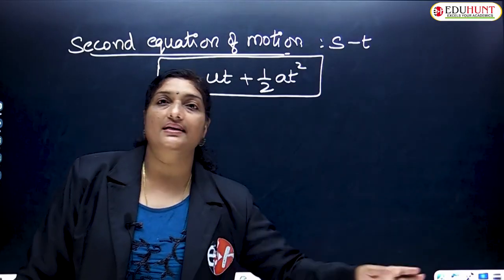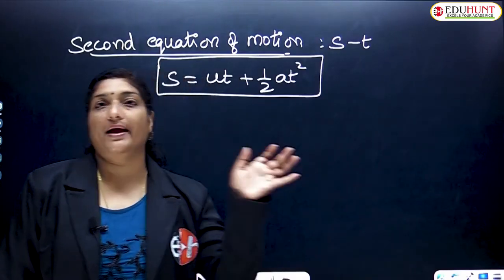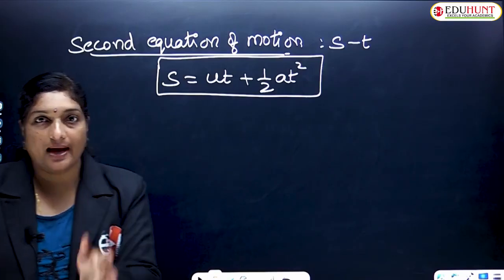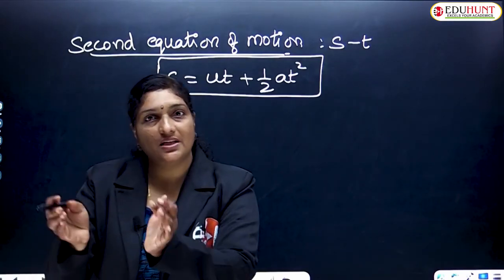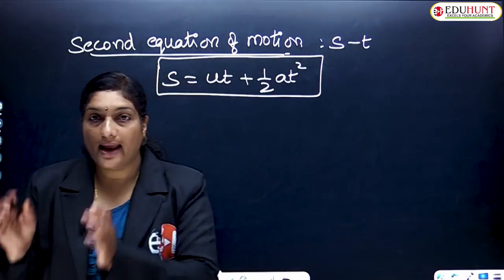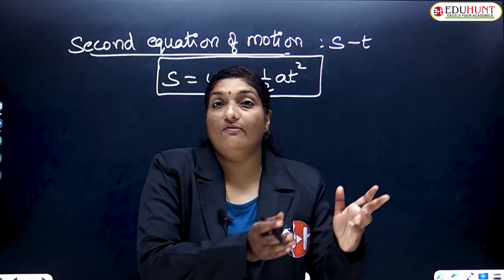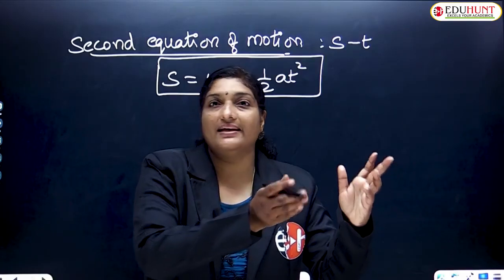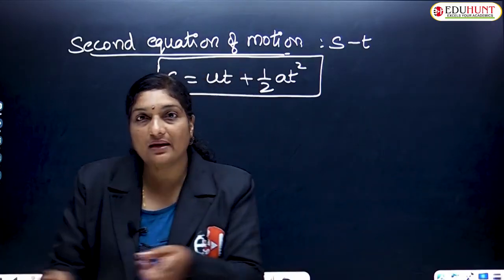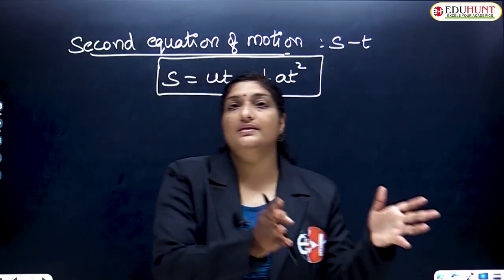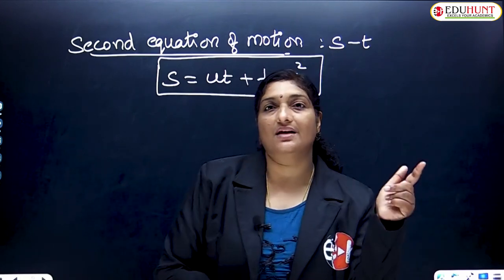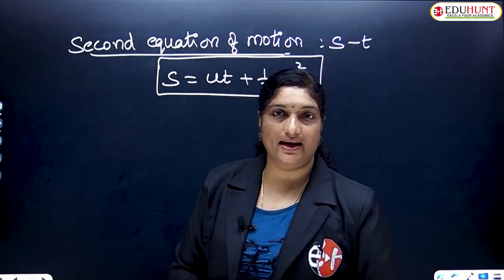Meanwhile, this body covers a displacement s. Then s is equal to ut plus half at square.